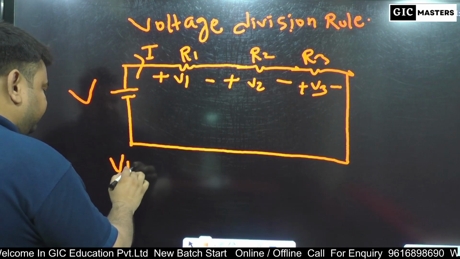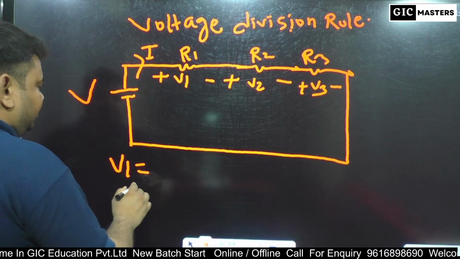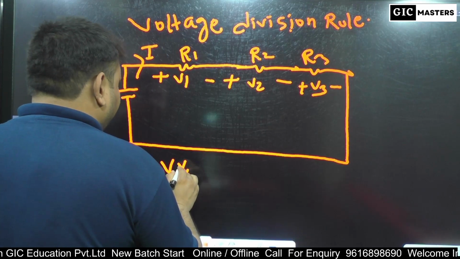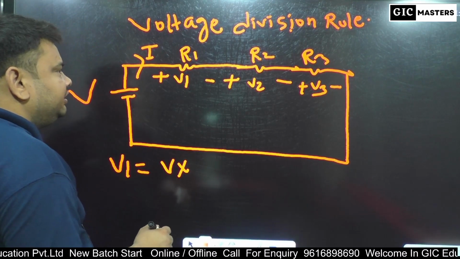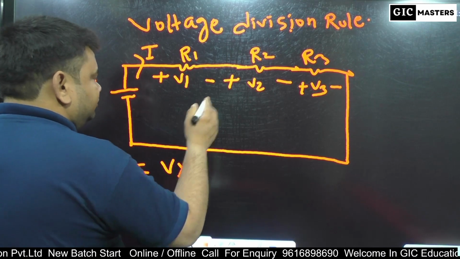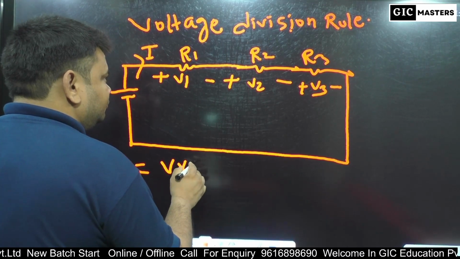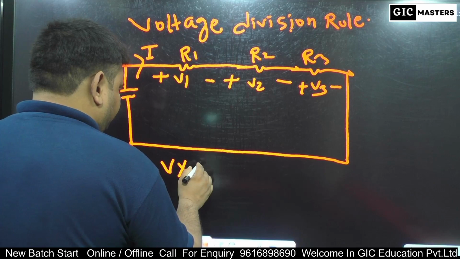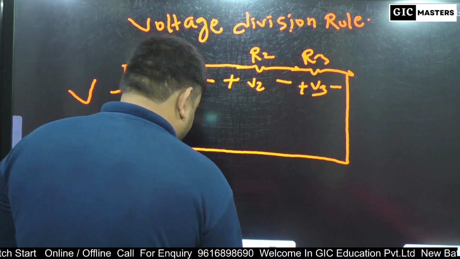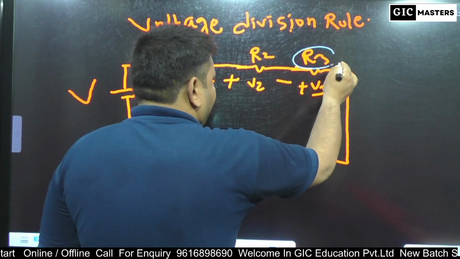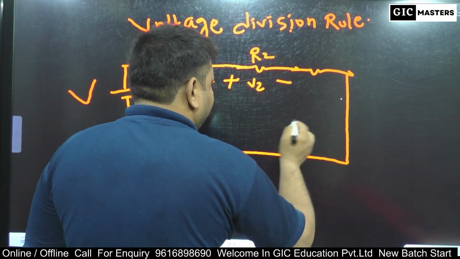So V1 equals V upon... Suppose this resistor is not present and only two resistors are present.